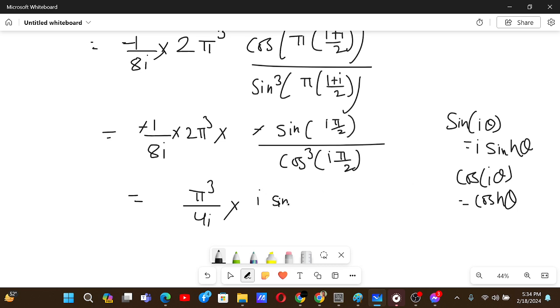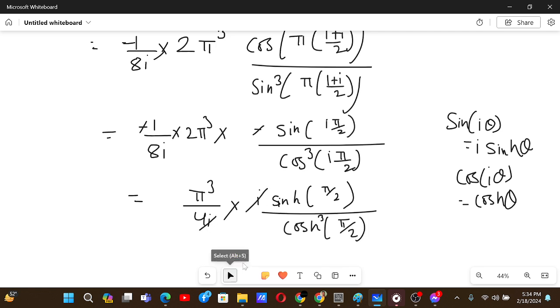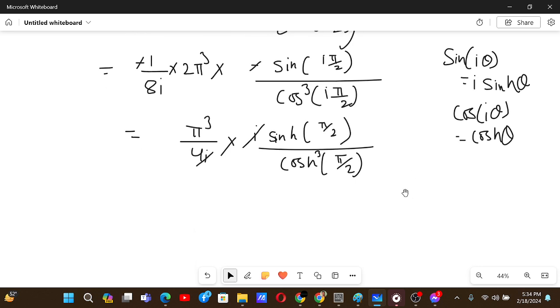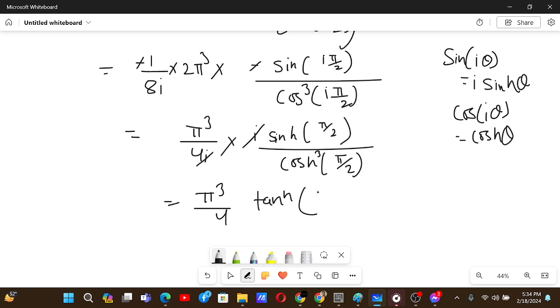So i sinh pi by 2 by cosh cube pi by 2. Now the i cancels out, and it had to cancel out because we had to get a real number and not an imaginary number. And this is also the beauty of maths that I love. Pi cube by 4. Now this can be written as tanh pi by 2 sech square pi by 2.